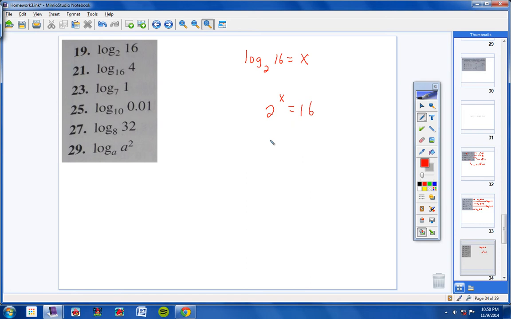I've got a base of 2 over here already. 16 can be rewritten like this. 2 to the 4th power, because 2 to the 4th power is 16. So there we go. My bases are the same, so cross off your bases, and x equals 4. Okay, not too bad. Okay, number 21.